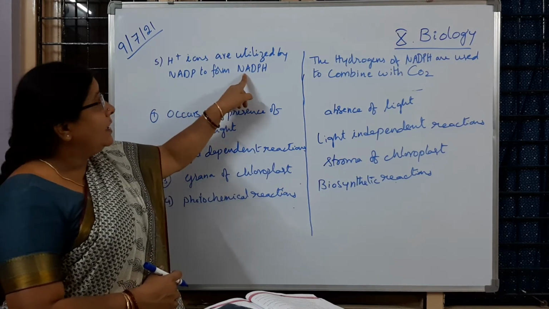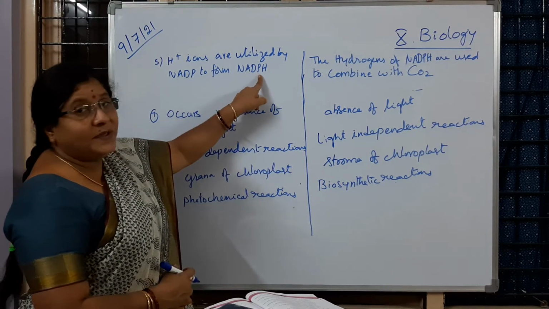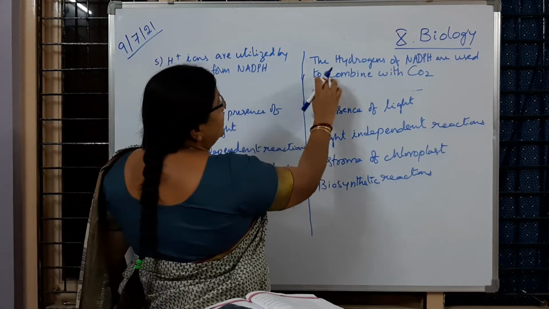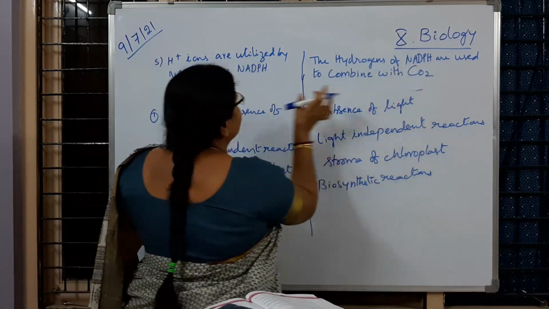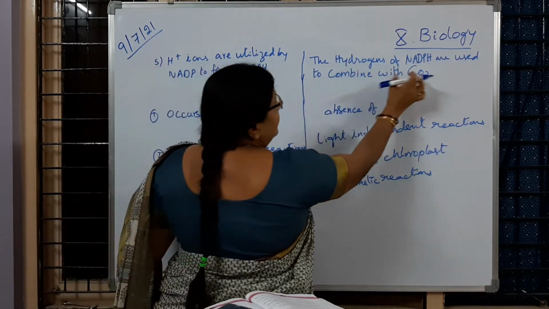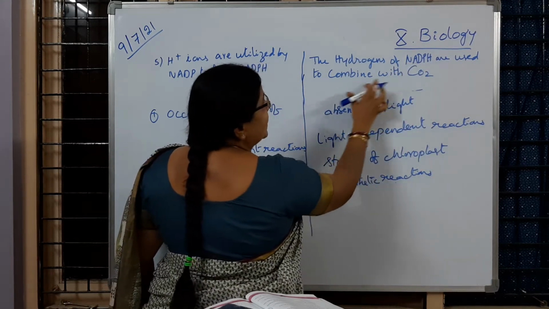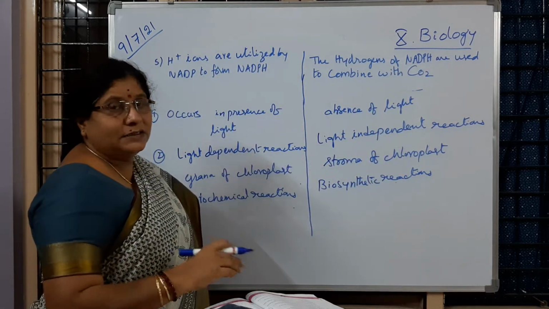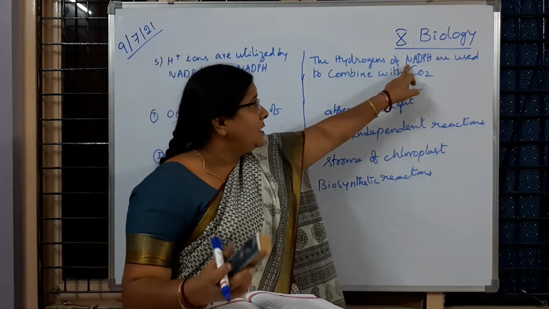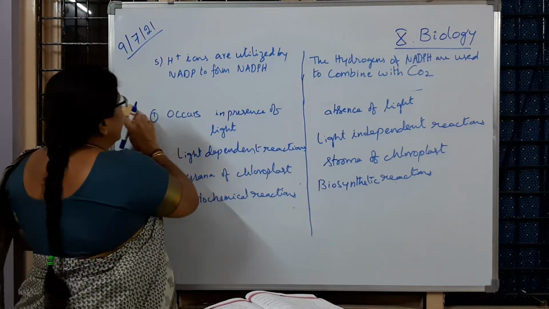Is it clear to you? Reduced NADP is NADPH. Here NADPH is formed in light reactions. The hydrogen present in NADPH is used to combine with carbon dioxide. Is it clear to you? It means fixing of carbon dioxide is happening because of the NADPH formed in the light reactions.